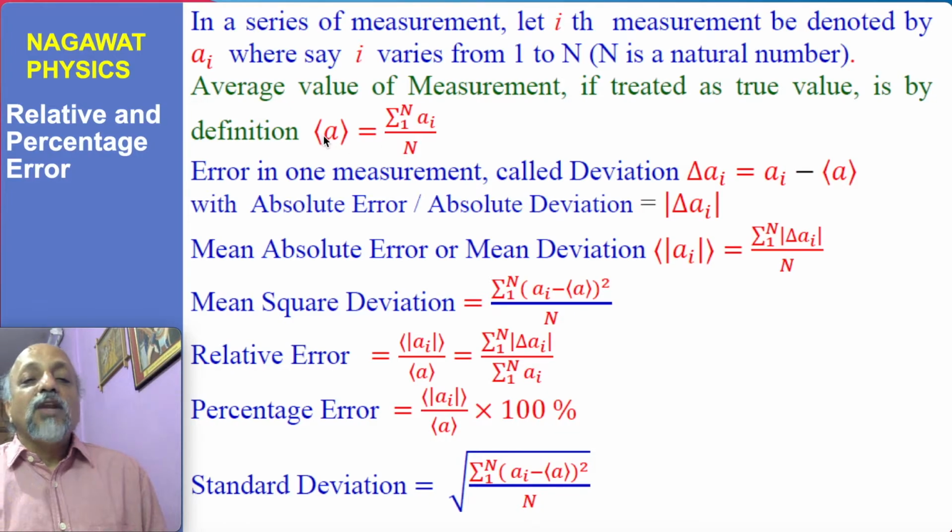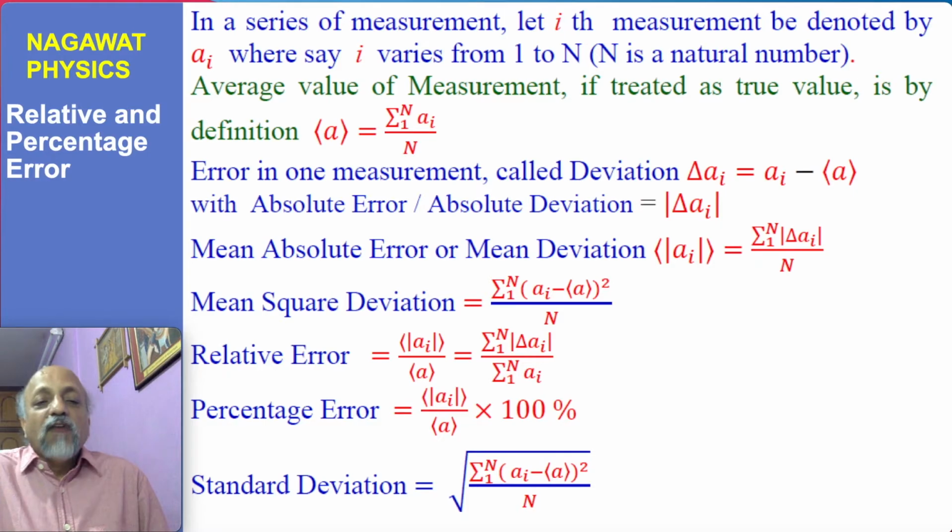But this average value may not be one of the A_i out of the set of the n members of A_i you are having in that set, and the average value of A may be different from any one of the A_i which you have in this set. Then we define a next quantity.